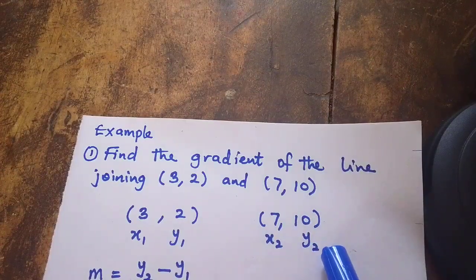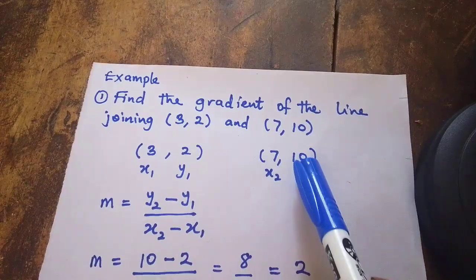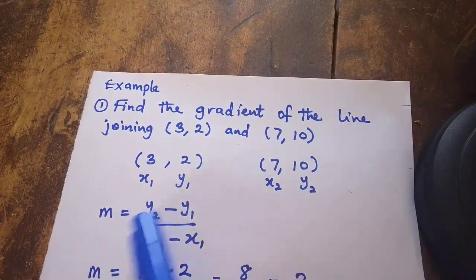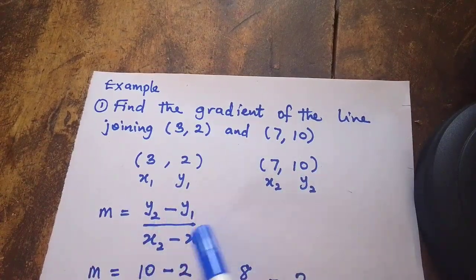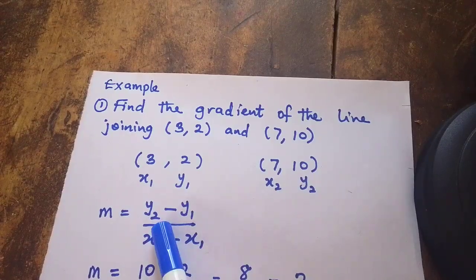If you are to use the formula m equals y2 minus y1 over x2 minus x1, you are going to substitute.